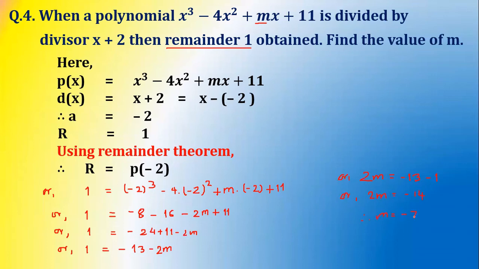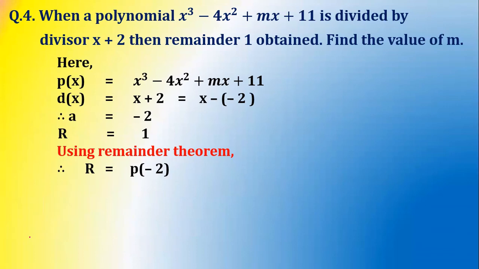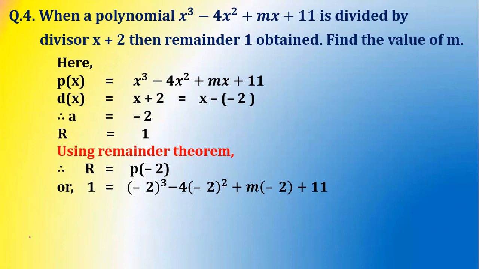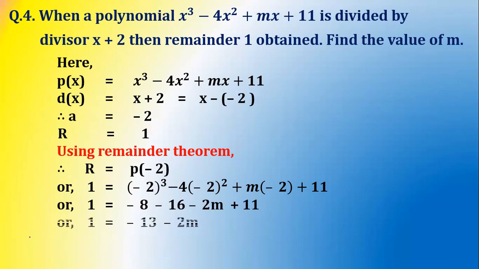So in this way we can easily find the unknown coefficients. I'd like to show you the steps, the same thing I have done here. In the first step, as we discussed earlier, I replaced the value of x with minus 2 everywhere, and then simplifying further, I got minus 13 minus 2m on the RHS, and on the LHS there is r, the remainder, as 1.